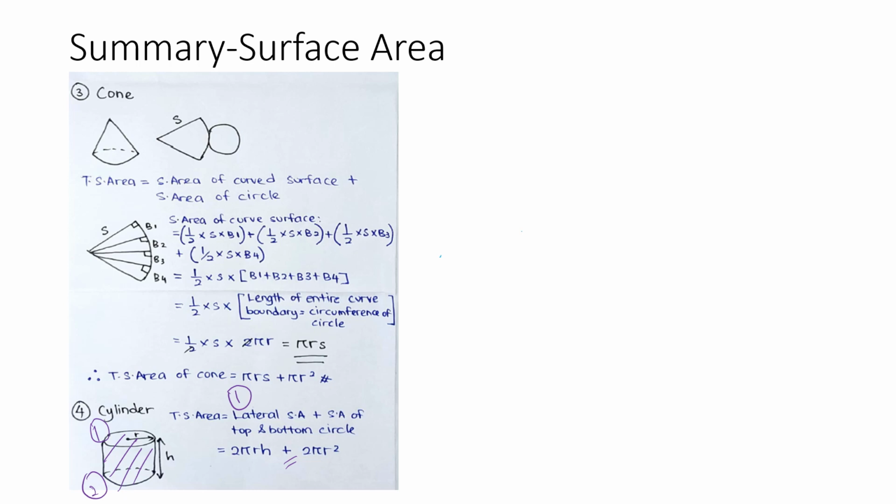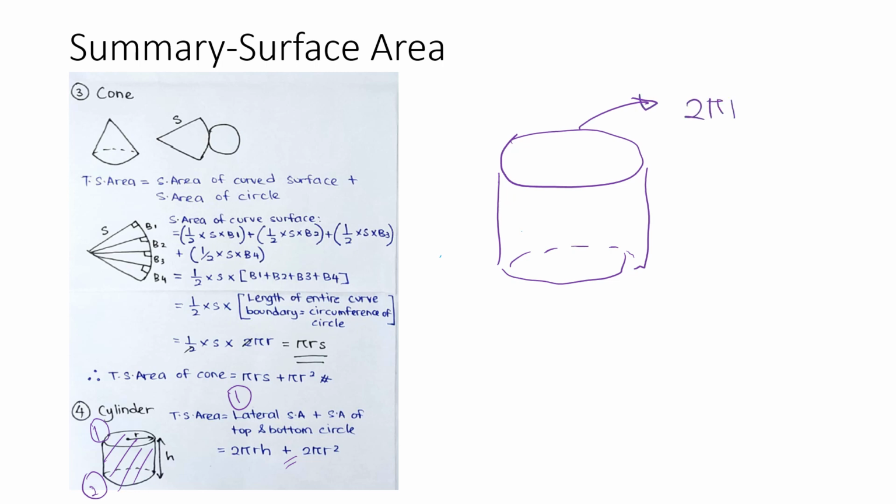Very easy. The lateral surface area of a cylinder is the circumference of the cylinder, 2 pi r, times the height of the cylinder, h. So your answer will be 2 pi r h.